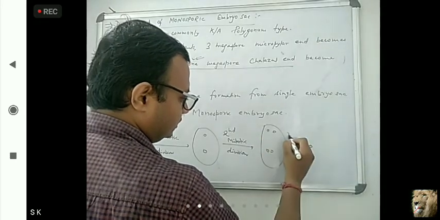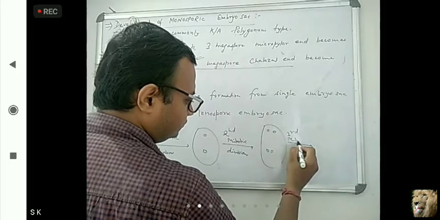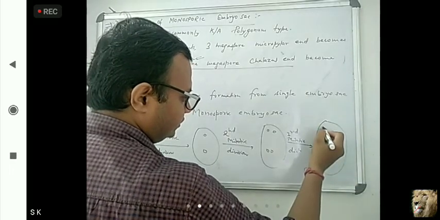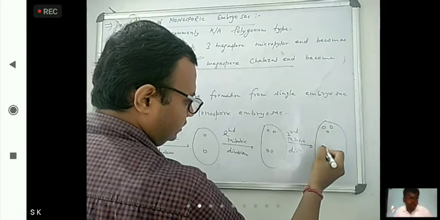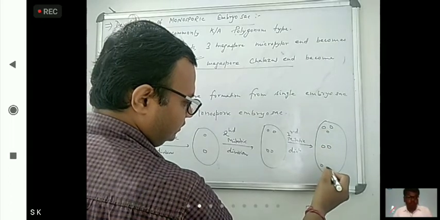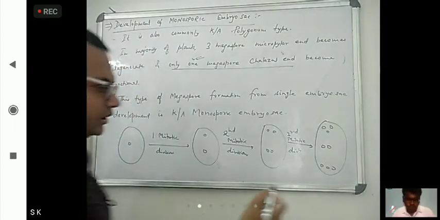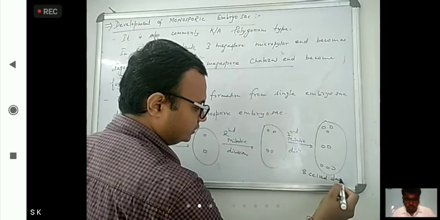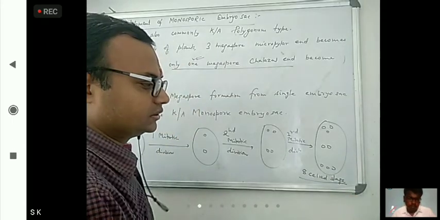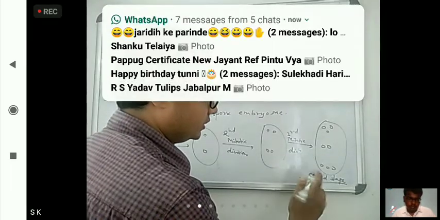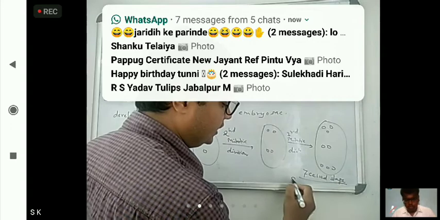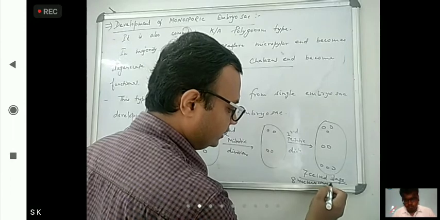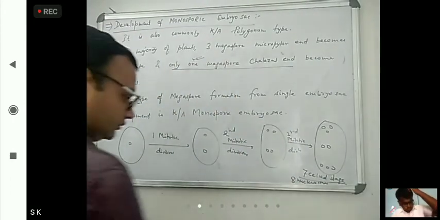Then third mitotic division, this converts into 8. So 1, 2, 3, 1 central, 5, and 1 here, 8. So this is the 8-nucleate stage.